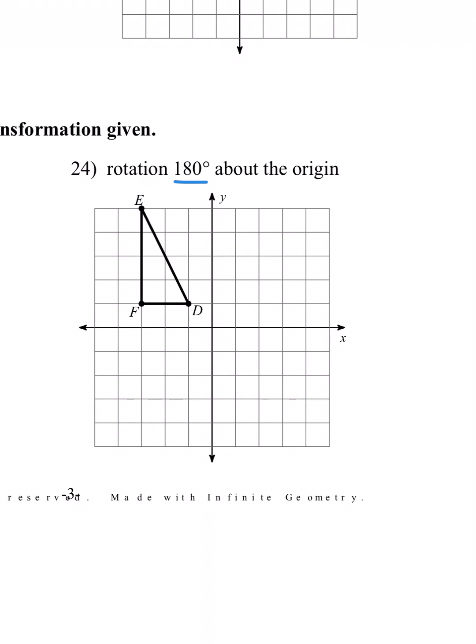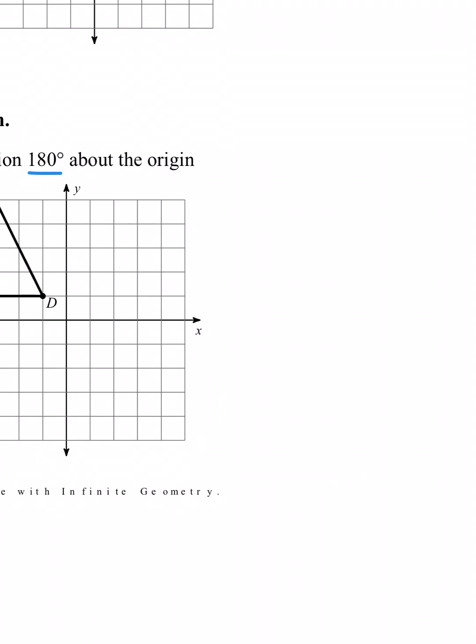Since it tells me 180, I'm going to use the one that says 180. You're going to write that formula down. What is it? Negative x, negative y. What do those negatives mean again? Opposite.